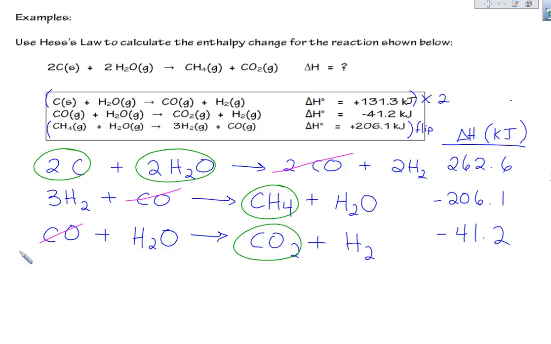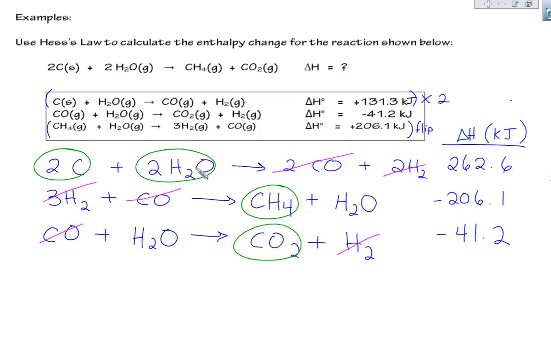I like that. I have a total of 1, 2, 3 hydrogens on the product side, and I do not want those anywhere in my balanced equation. Good thing they cancel with these 3 hydrogen. Out! They're gone.